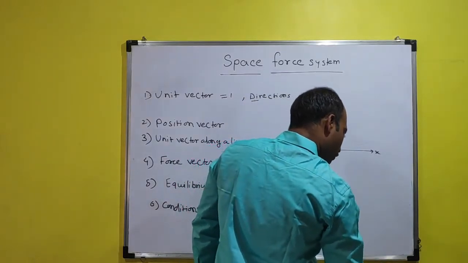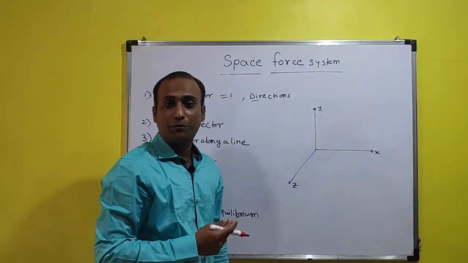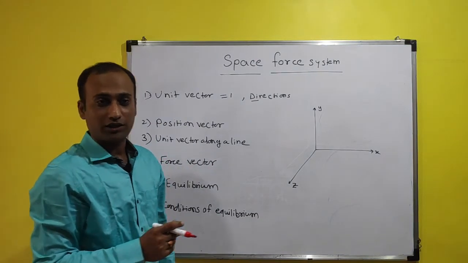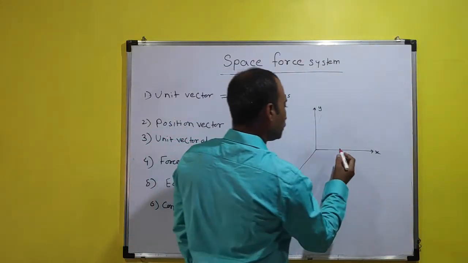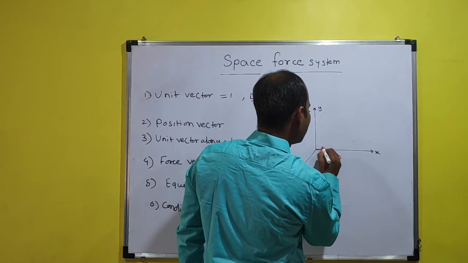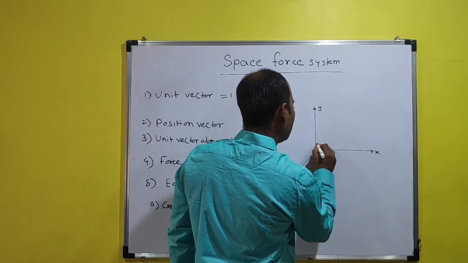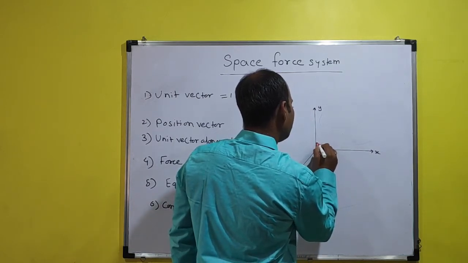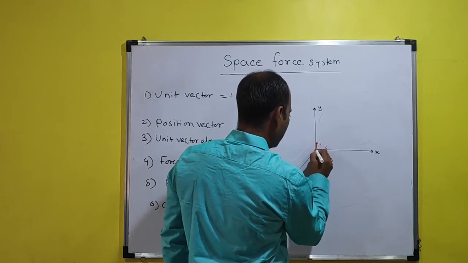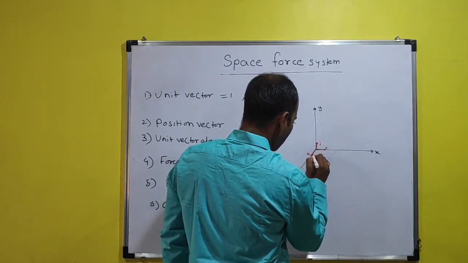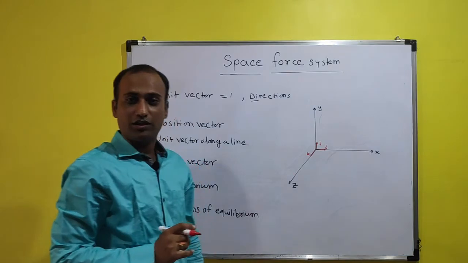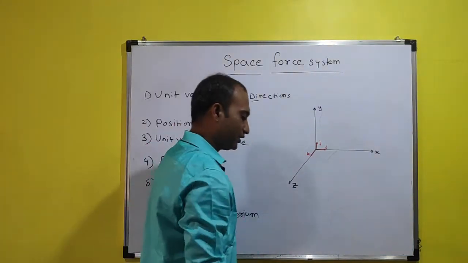We have to consider the unit vectors. For what purpose are unit vectors used? Unit vectors are used to show the direction. So in the x direction it will be i, in the y direction it will be j, and in the z direction it will be k.